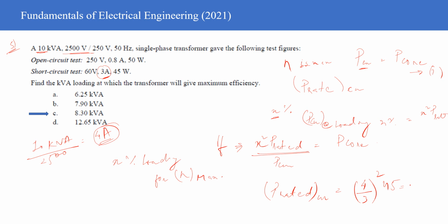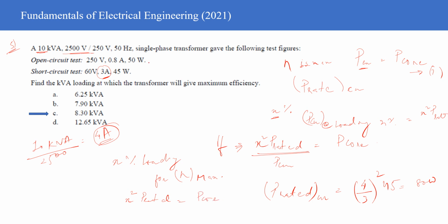Let me just figure it out. So 4 divided by 3 whole square into 45 is equal to 80 watt, right? Now I have written that for X% loading, X square into P rated is equal to P core loss, right?